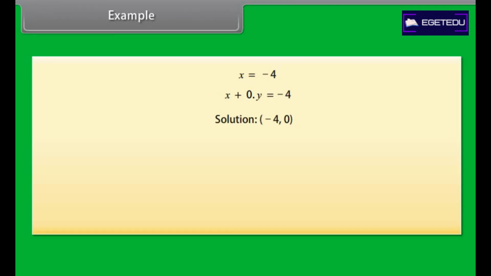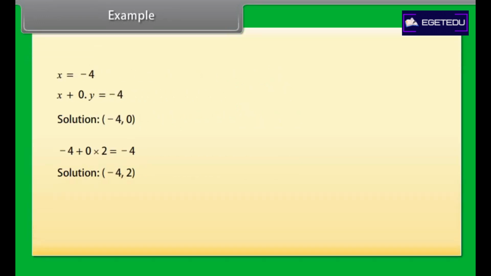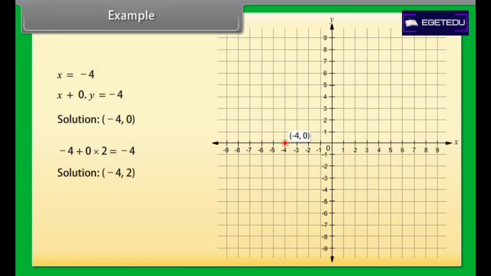Now let's see where it lies on the number line. Here it is. Now we know that x = -4 can be written as x + 0y = -4. And this becomes a linear equation in 2 variables. So the equation reduces to x = -4.